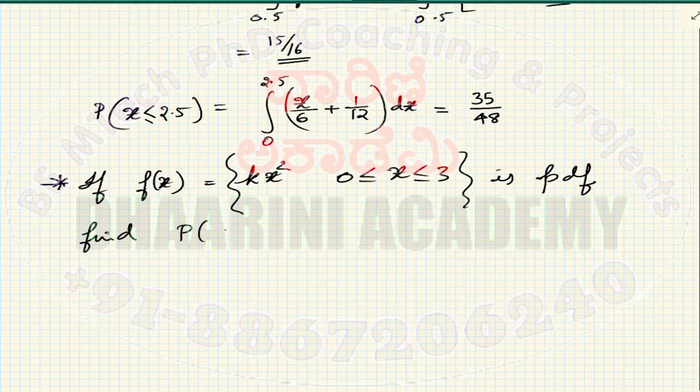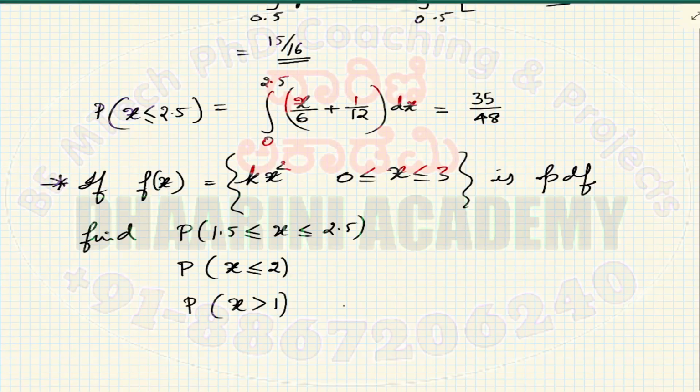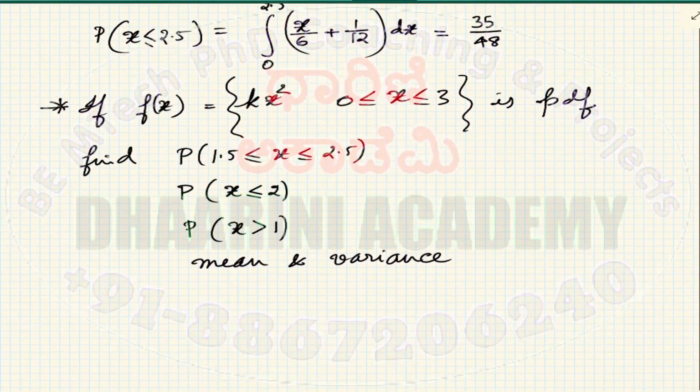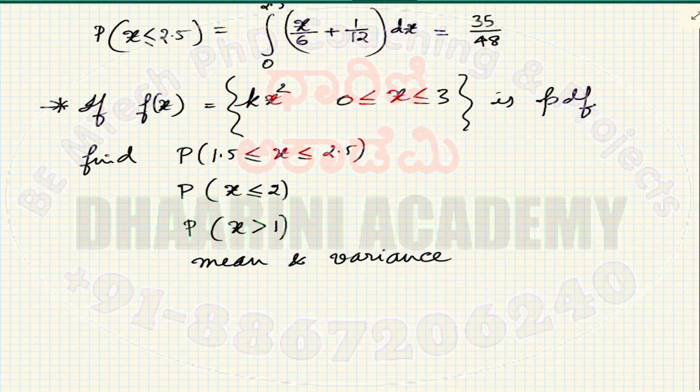First one is P of 1.5 less than or equal to x less than or equal to 2.5, the probability that the value of x is less than or equal to 2, the probability that x takes a value greater than 1, and find the mean of this particular PDF and the variance. Okay, so this is a question.